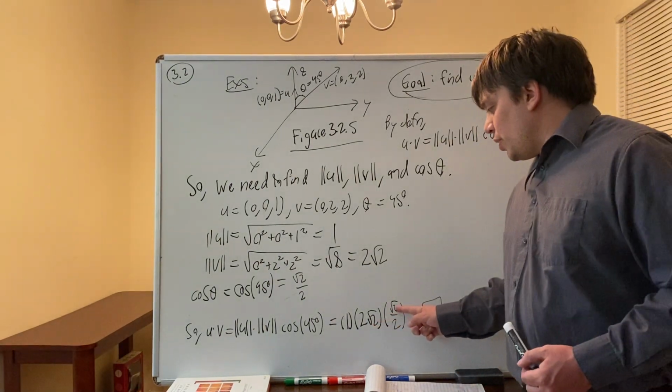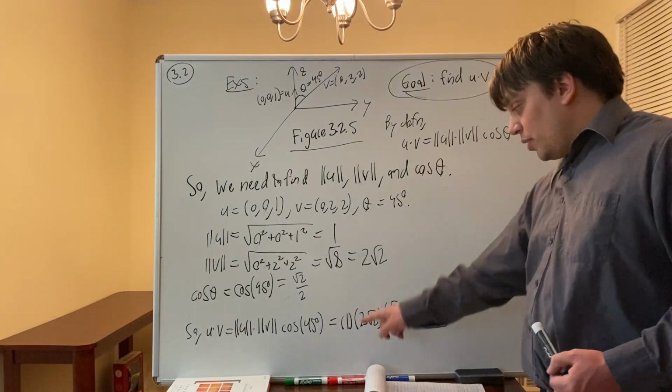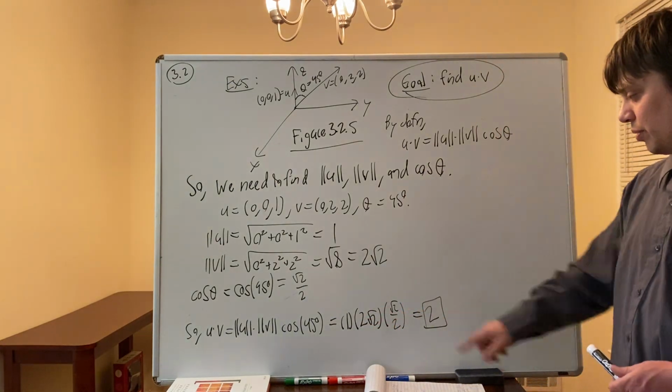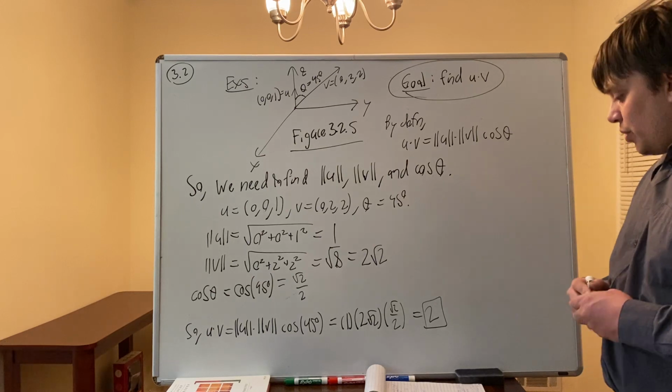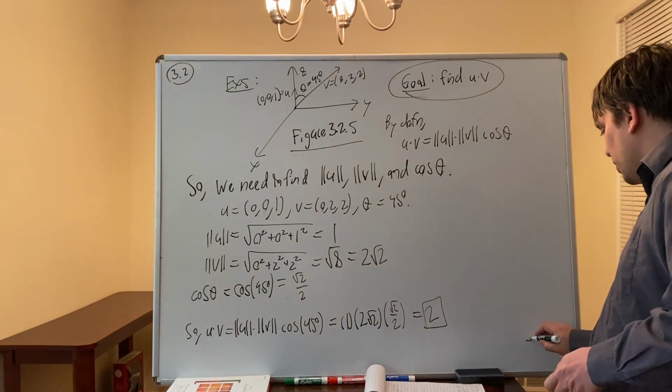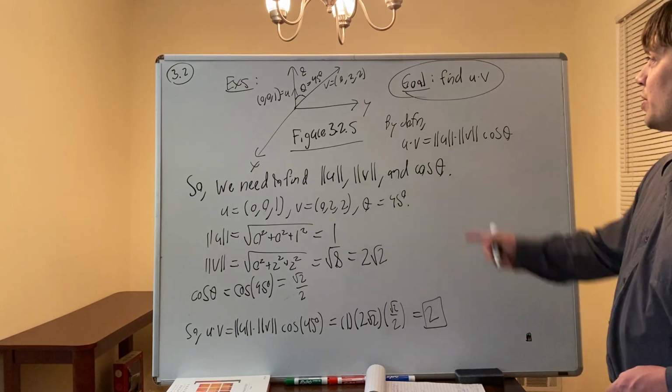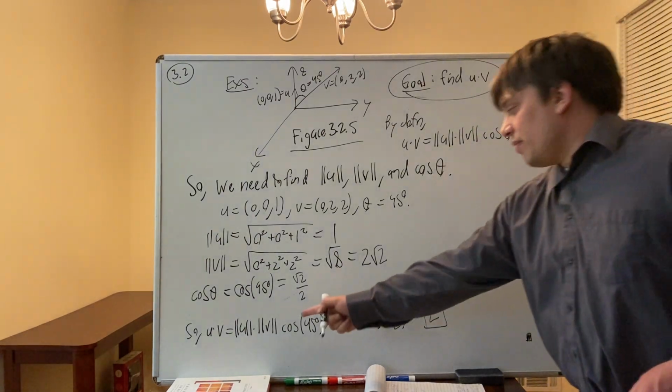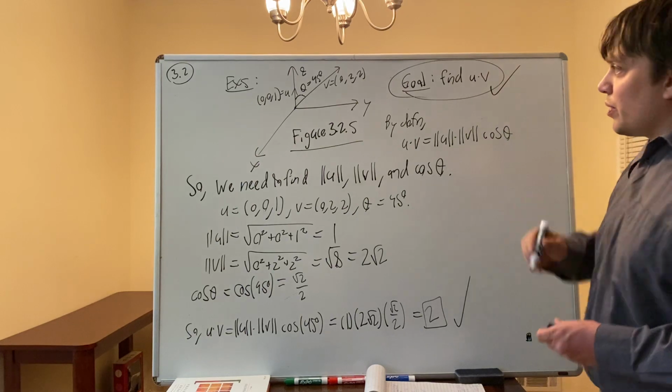Root 2 times root 2 is 2, and then the 2's cancel. So u dot v is equal to 2. And that's the end of that question. The goal was to find u dot v, u dot v is equal to 2, and so we answered our question.